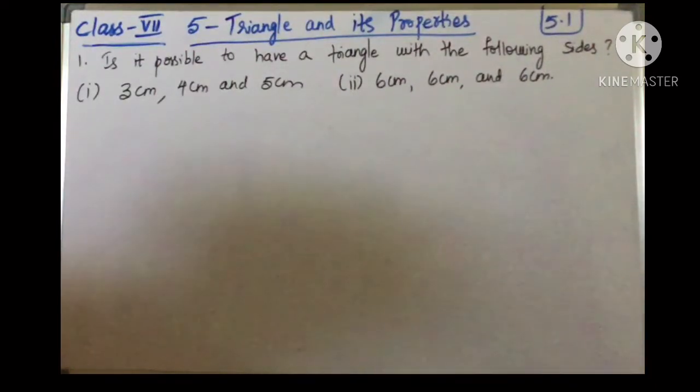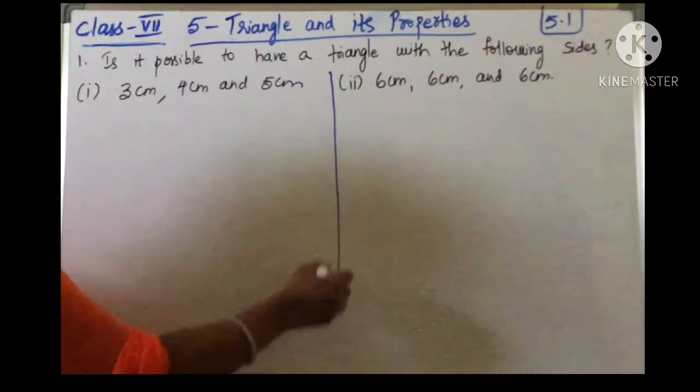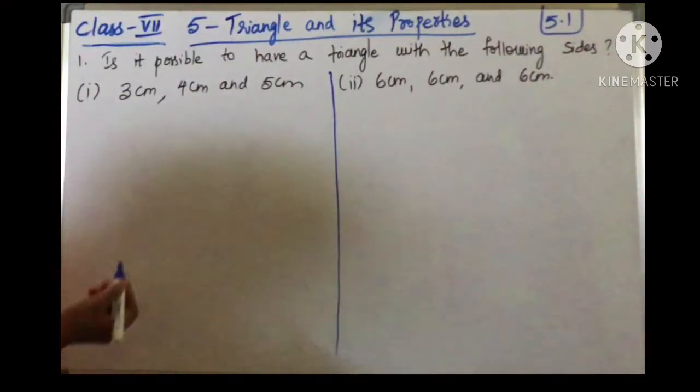The first property: the sum of any two sides of a triangle should be greater than the third side, and the difference of any two sides should be less than the third side. You can use any one property, and by that we can say whether a triangle is possible or not. Here we are going to use the first property: the sum of any two sides of a triangle should be greater than the third side.